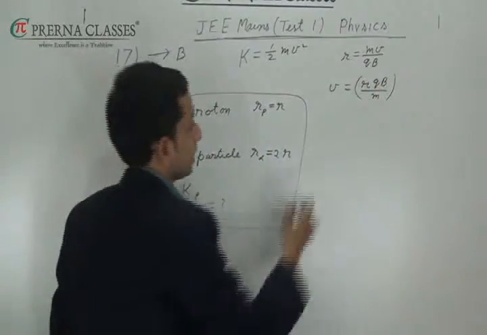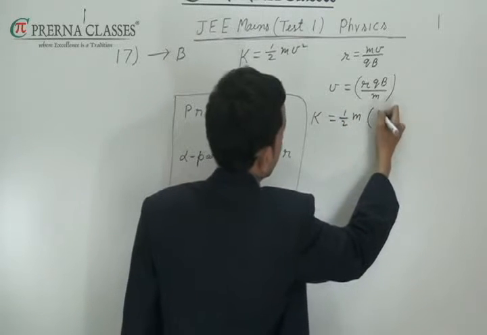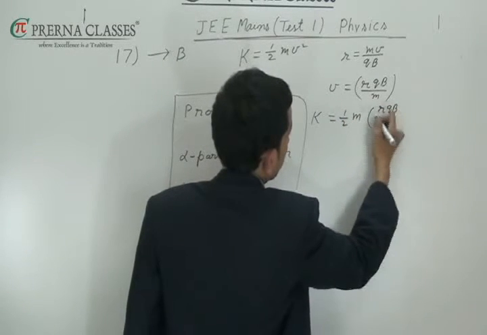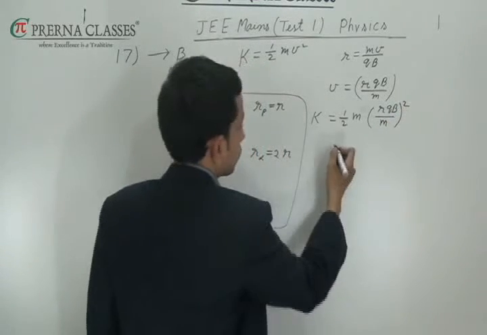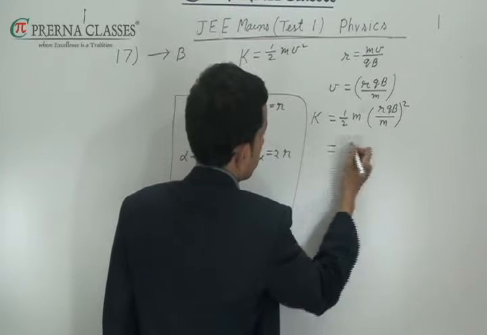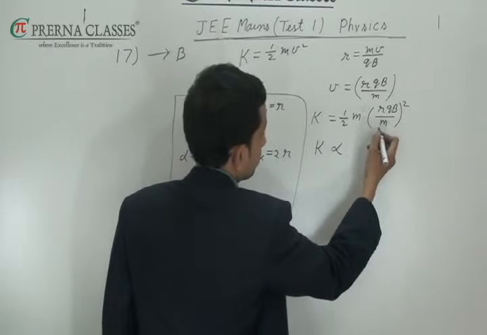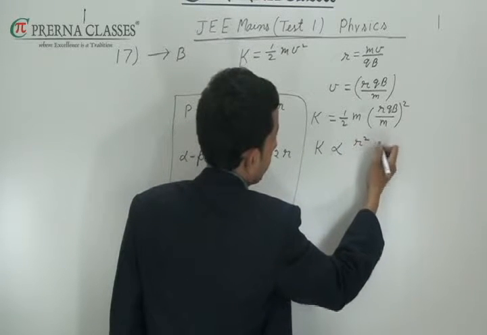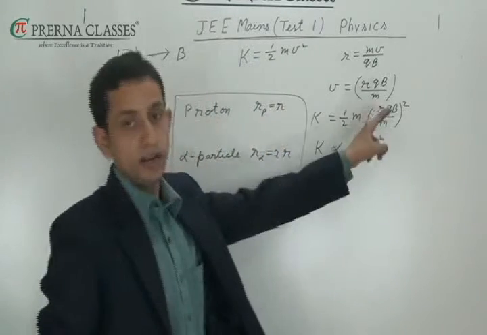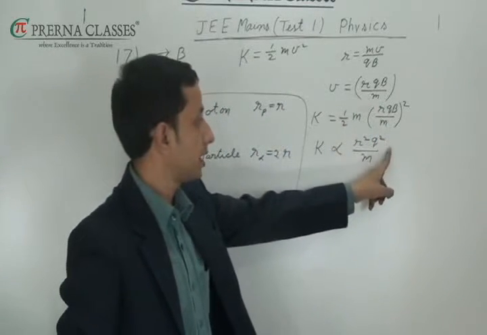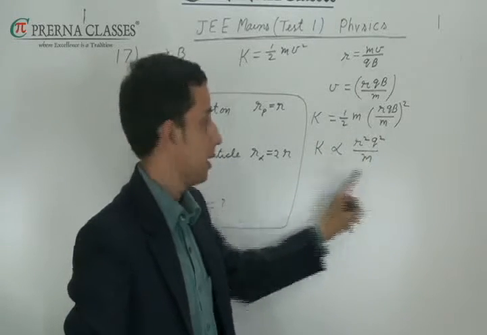Now if we put this in kinetic energy, we will write half m (rqb by m) square. So we are going to get K proportional to r square q square by m. Since the magnetic field is the same for both, we will not write the magnetic field here. K, the kinetic energy, is proportional to r square q square by m.